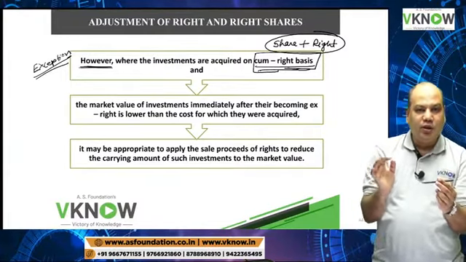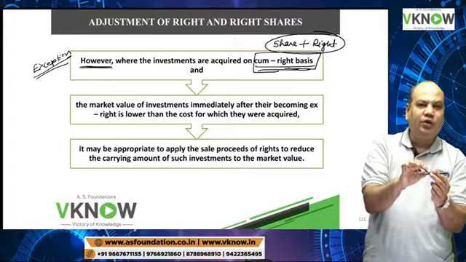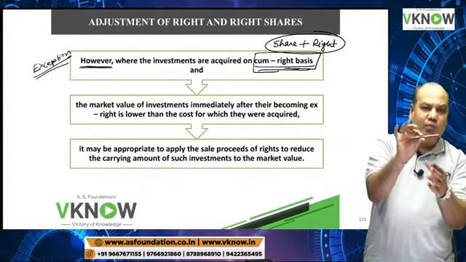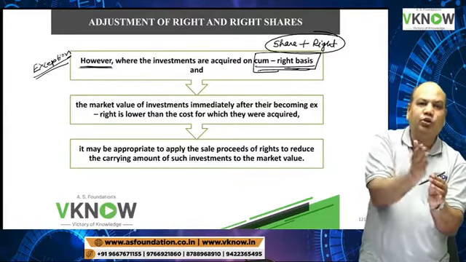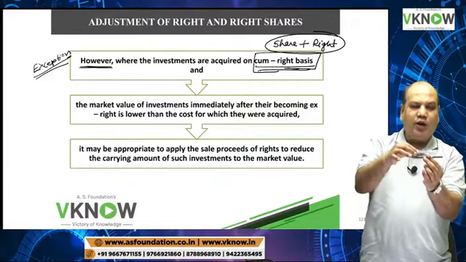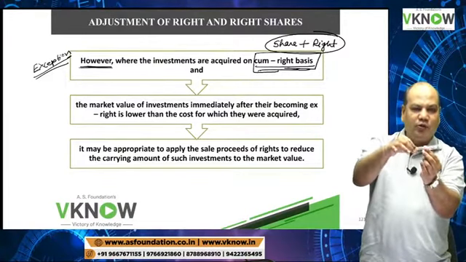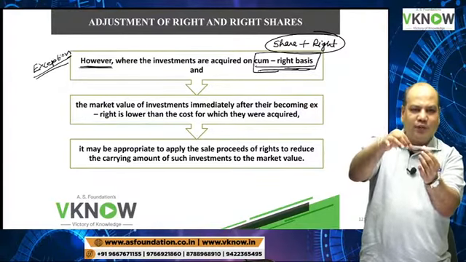So the standard also says, since you paid for that right at the time of purchase, when you sell it, you remove it from the total cost. So I paid 150 rupees for share and right. Let us say I paid 100 for this and 50 for this.